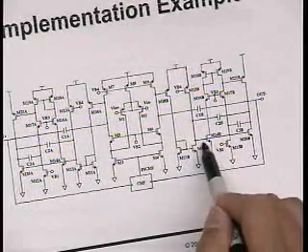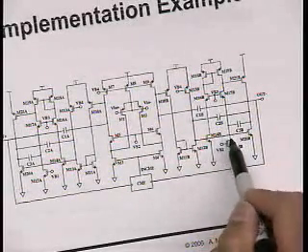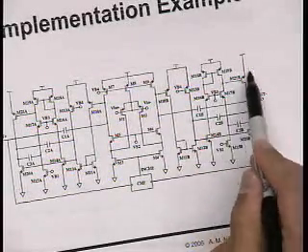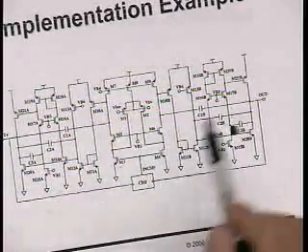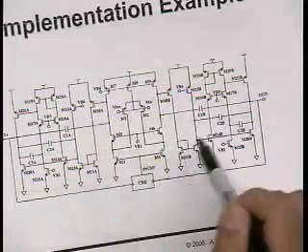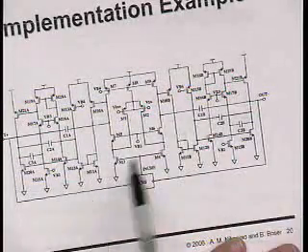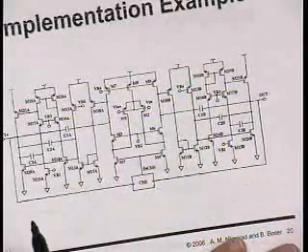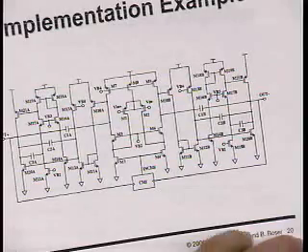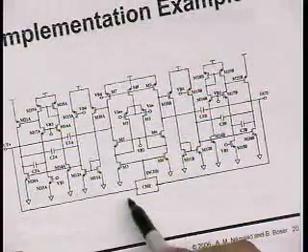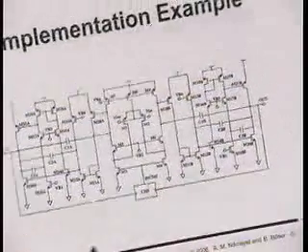Then again, I have another common source stage, mirror the output, and again, another common source stage. So this is a folded cascode followed by a couple of common source stages with phase inversion built in. And of course, you need common mode feedback to make this all work because it's a fully differential amplifier.